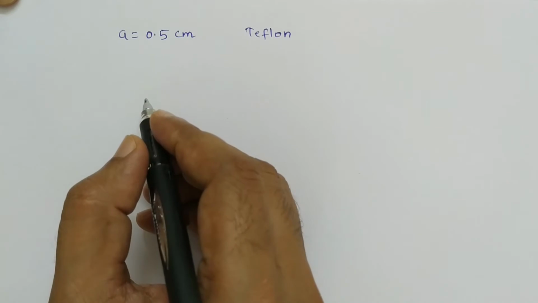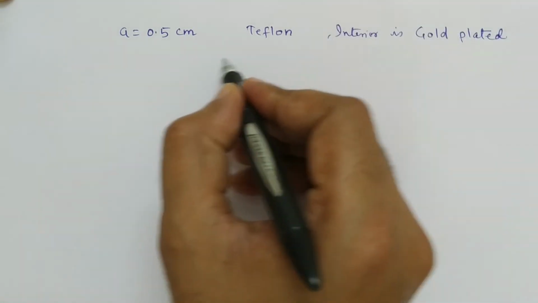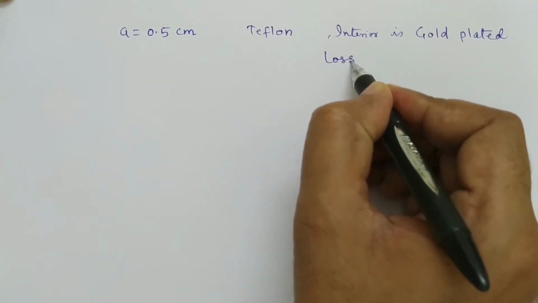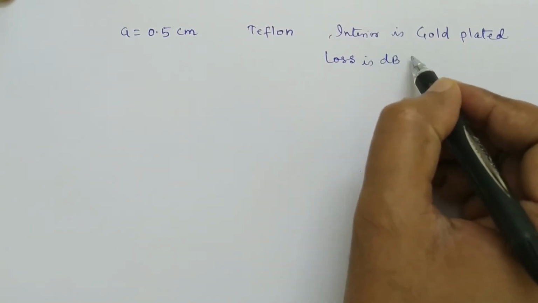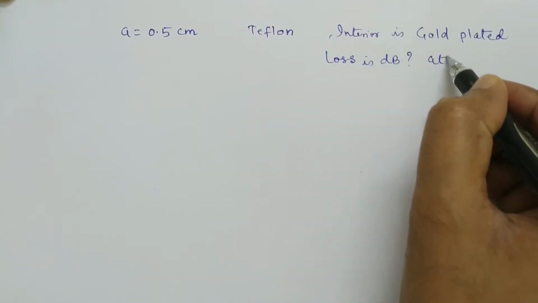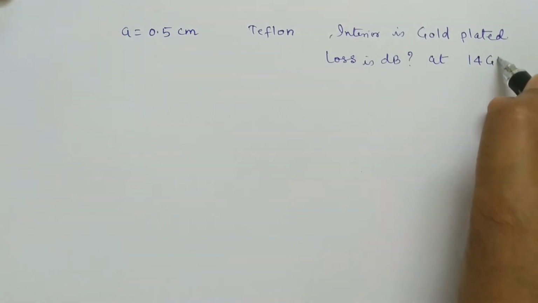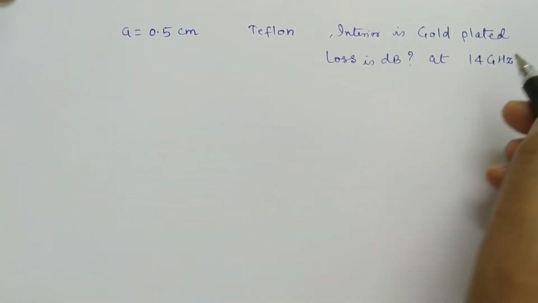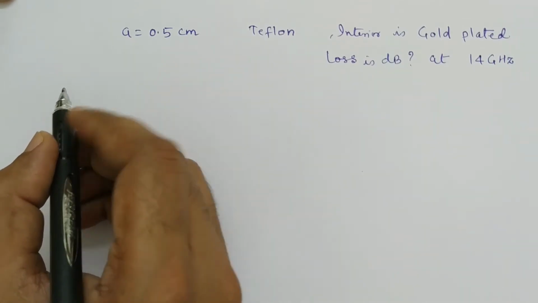If the interior of the guide is gold plated, calculate the loss in dB at 14 gigahertz. Also find the first two propagating modes.